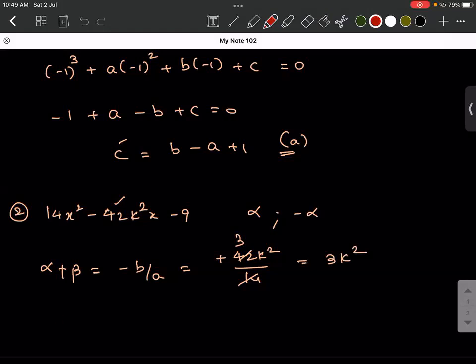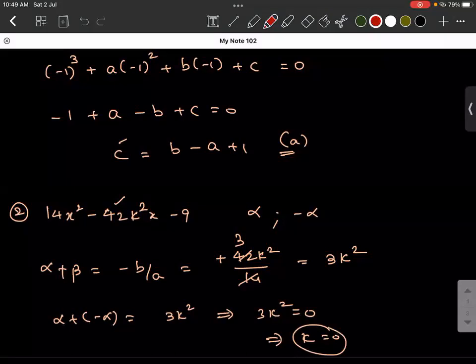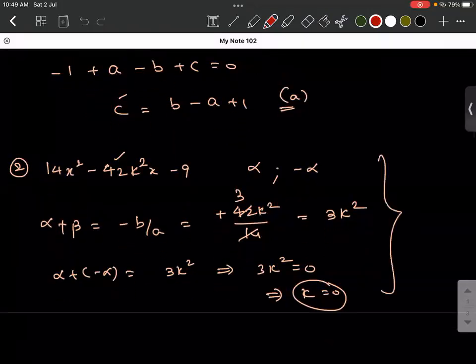But what is alpha plus beta? Alpha plus minus alpha is 0, which implies 3k square is 0. What is the value of k? It's 0, not 2. Right?